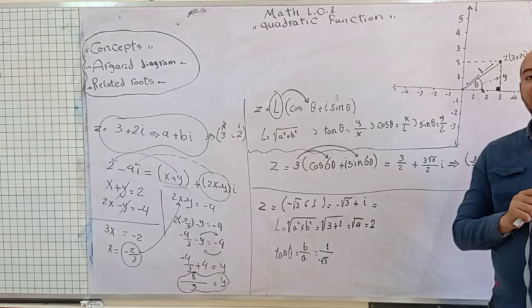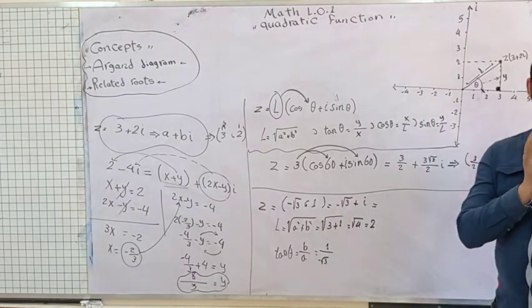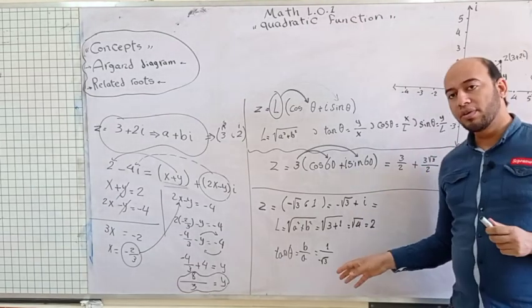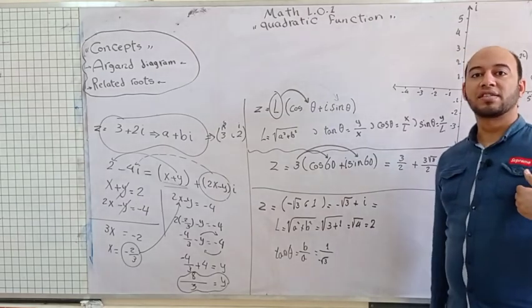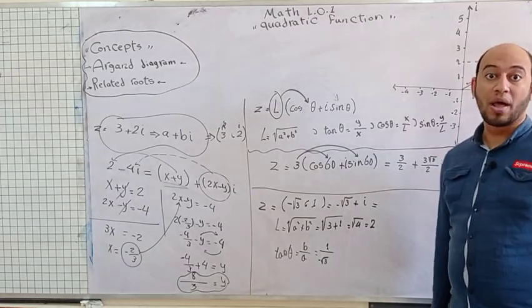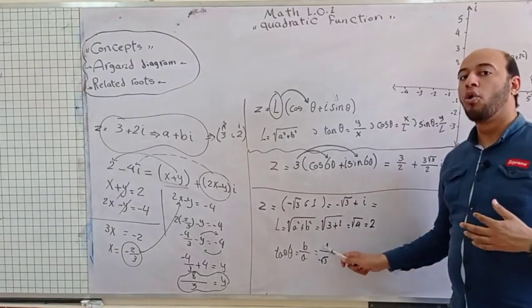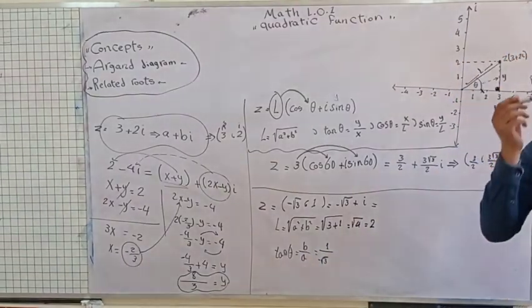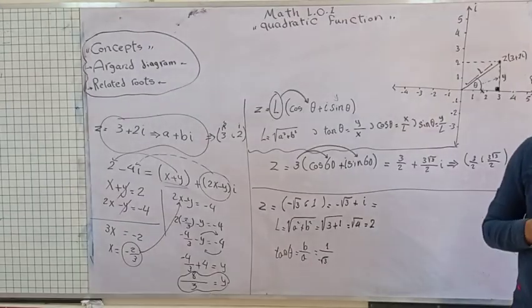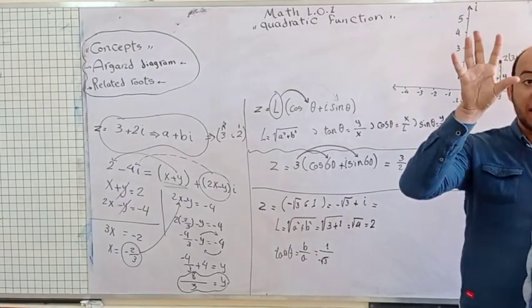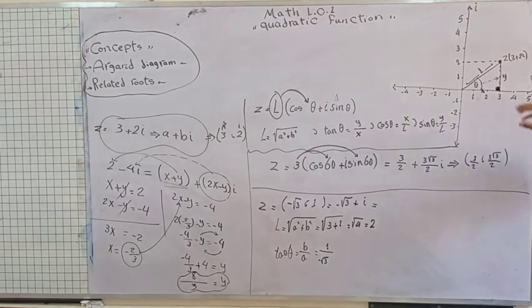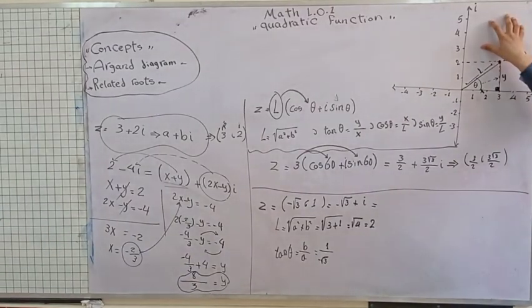How can we get the right theta? How can we get the right answer? The calculator gives us the acute angle, which equals 30, when we press shift tan of 1 over root 3. This number 30 will be the right answer if we were in the first quadrant.